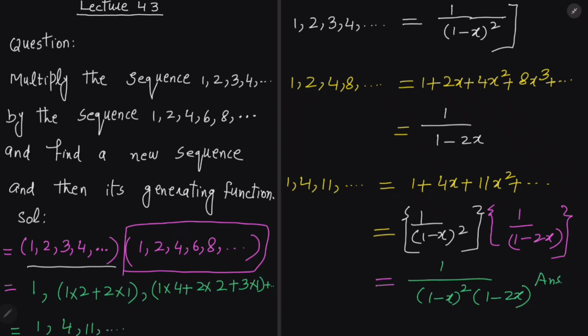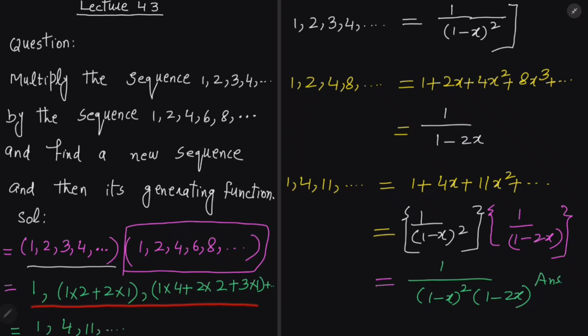Whenever you are asked to find a sequence from two given sequences by multiplying, remember that if the question asks you to multiply these two sequences, this seems to be a bit difficult process.